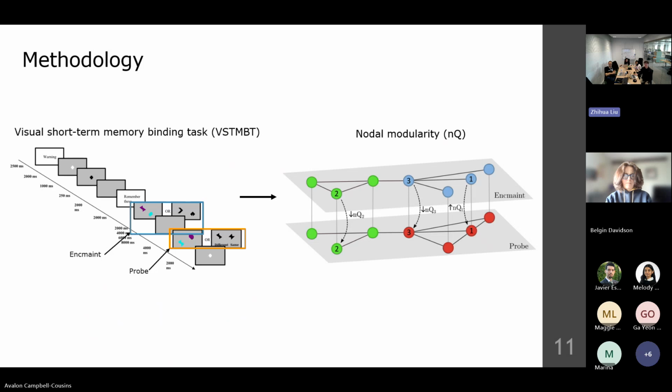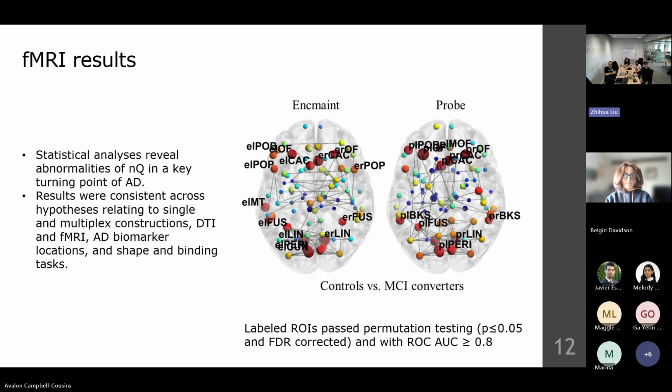And what are the results? Well, we did statistical analyses with permutation testing. These have also been FDR corrected, and we did receiver operating characteristic as well. We took this quite conservative approach to our statistics because we're so limited in the number of subjects we have. But what was most striking is that we didn't see too many differences when we were comparing controls versus early mild cognitive impairment and mild cognitive impairment that didn't convert to Alzheimer's disease.